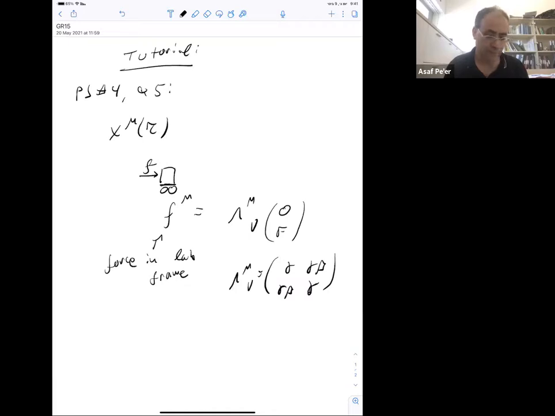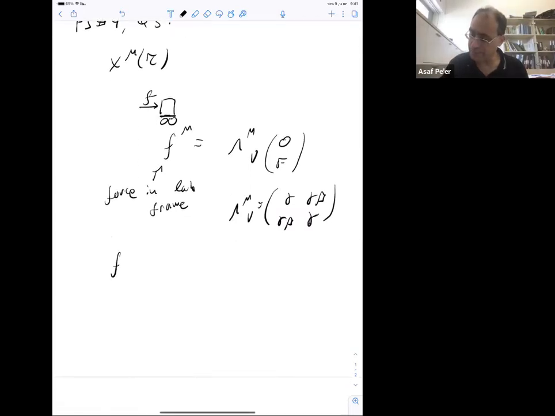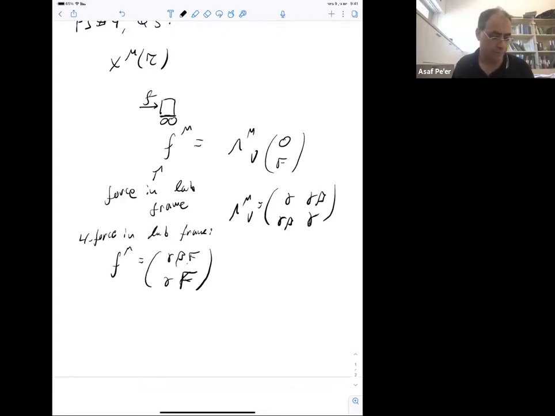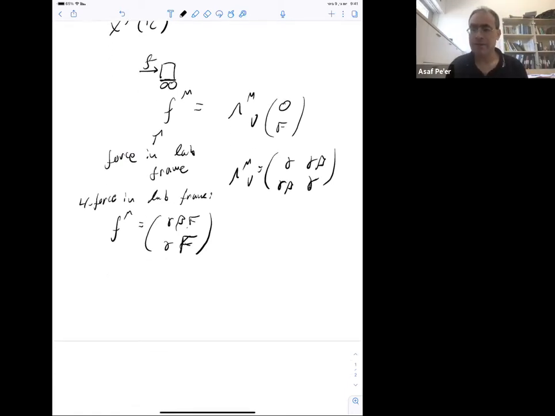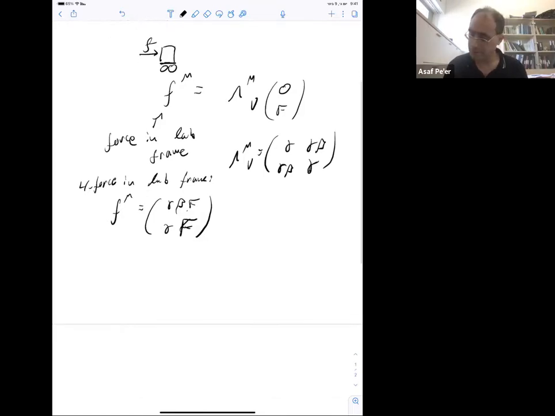So you end up with the 4-force in the lab frame, F mu, which is just going to be gamma beta f and then gamma f. And then it's just a generalization of Newton's second law: d squared x mu over d tau squared is just F mu over m.